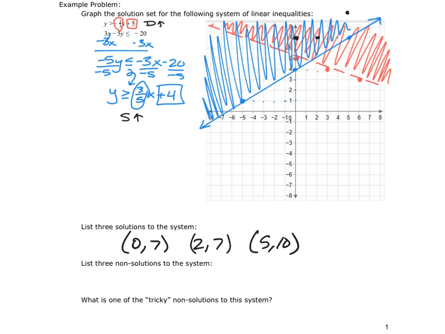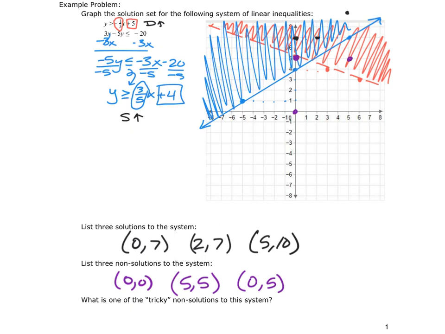Now, if I'm looking at things that are not in the solution set, 0, 0 is not in a double shaded region. This coordinate right here, 5, 5, is not in the super shade. It's in one shade, but it's not both. And if I looked for the coordinate 0, 5, that's on a dashed line, so that is not a solution to the system.